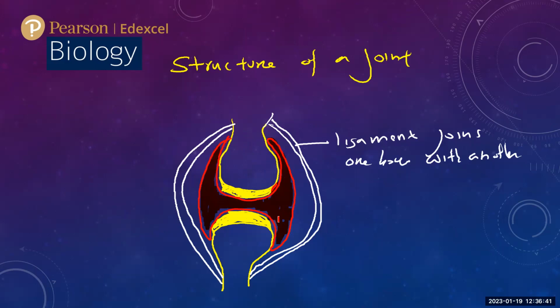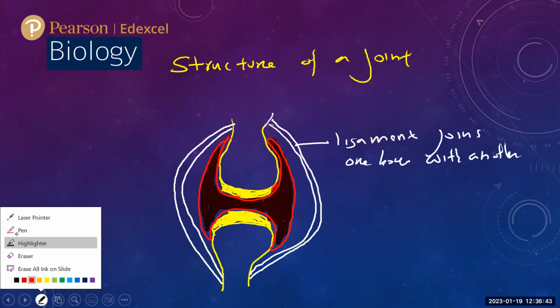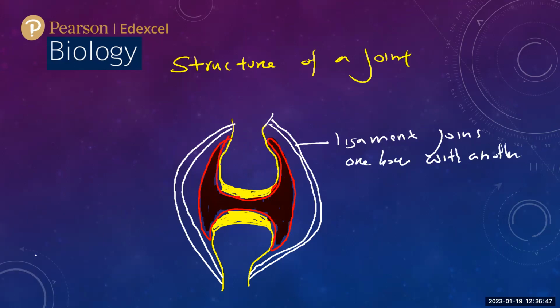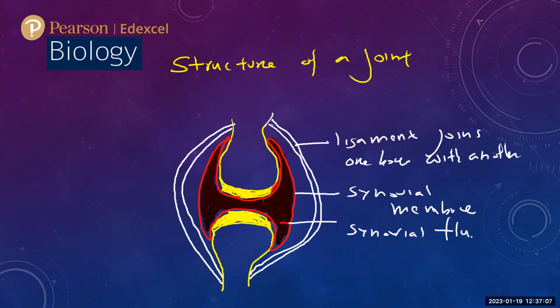This red line is called the synovial membrane. And inside there is a fluid called synovial fluid.